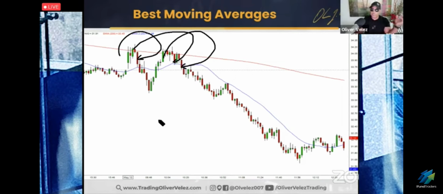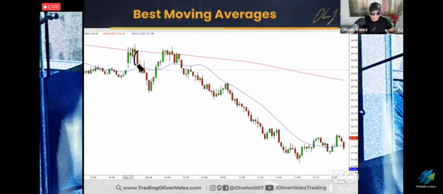Pick one. Okay. And so if you look at the weak bars, the really solid red bars, it doesn't have to be touching. Remember, the 200 is a zone. It's not a skinny line.